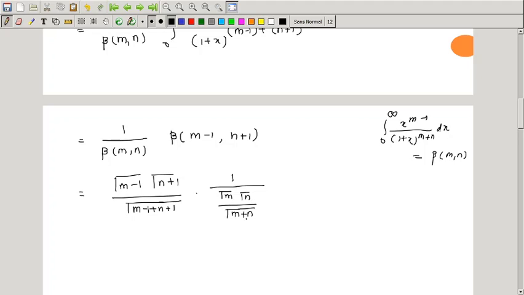The denominator of a denominator is the numerator, and gamma(n+1) you can write as n times gamma(n).